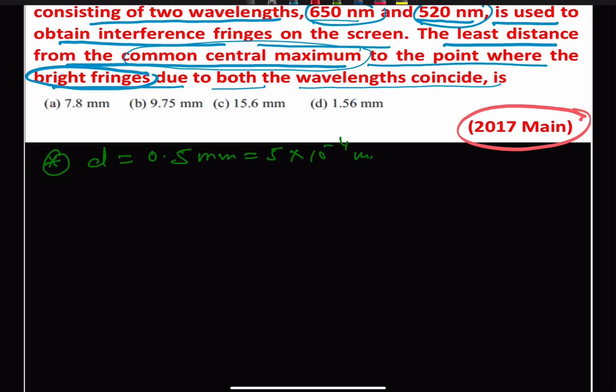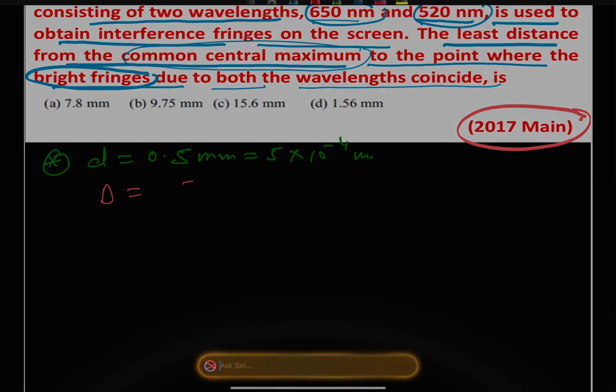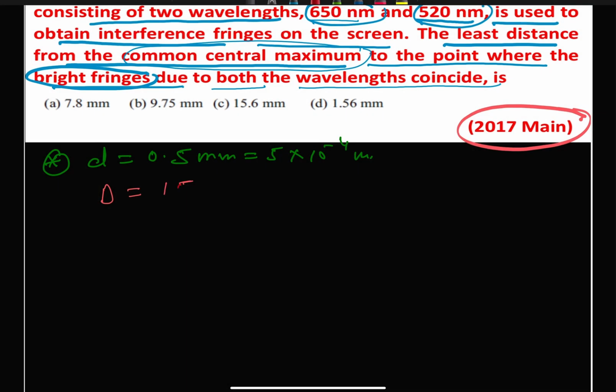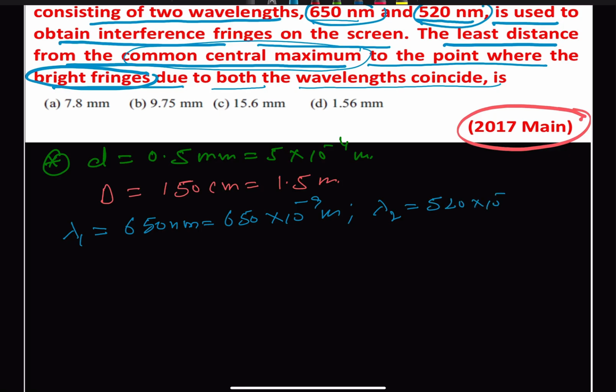Then capital D, the distance to the screen, is 150 centimeters, and that will be 1.5 meters. And the last thing given is two wavelengths. Let us call them lambda 1, that is 650 nanometer, which means 650 into 10 to the power minus 9 meters. The second wavelength is lambda 2, which is 520 into 10 to the power minus 9 meters.